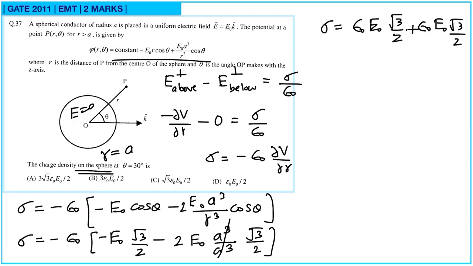So root 3 by 2 we can take common, and here we have 2 also. So this will be 3 into epsilon naught E naught into root 3 by 2. So this will be 3 root 3 epsilon naught E naught by 2. So option A is correct.